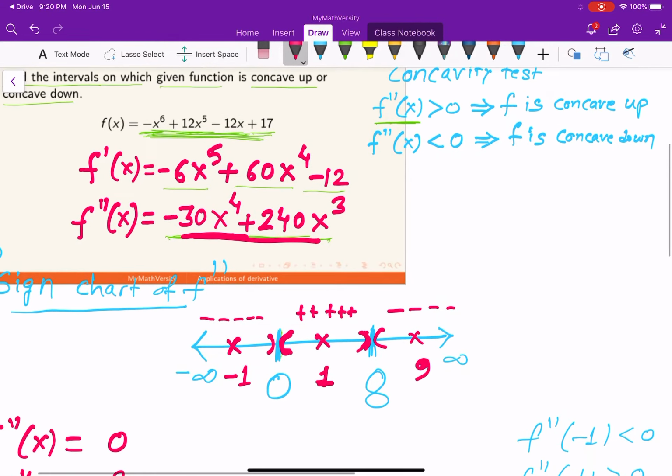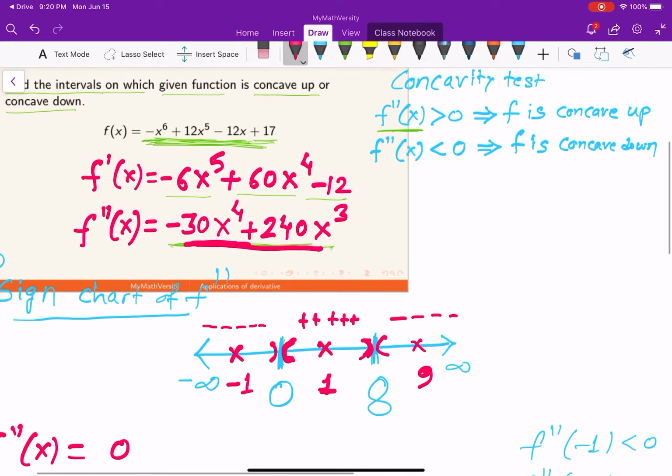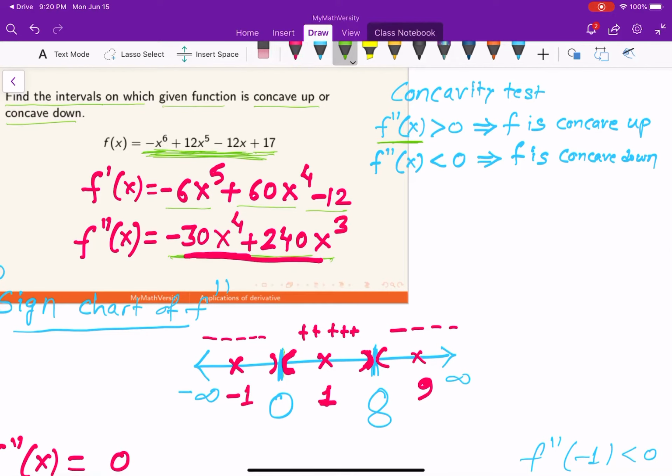But now why were we creating the sign chart? Well, we wanted to use the concavity test. Can we use the concavity test now? Probably, because we know where the second derivative is positive and where it is negative. So since the second derivative of the function is positive between 0 and 8, you can see that by the concavity test, the function is concave up here.